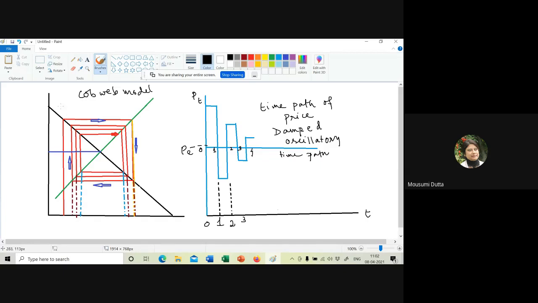So in this cobweb, we are getting, and I'll go back to the slide. You will find that this is the demand curve. This is the supply curve. This is PE. This is the equilibrium point E. And these are prices at different periods.